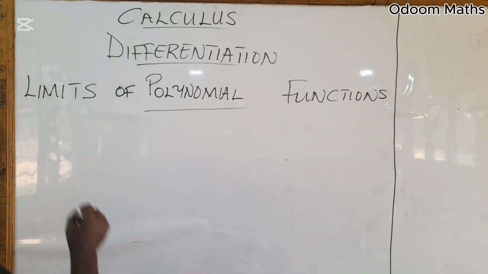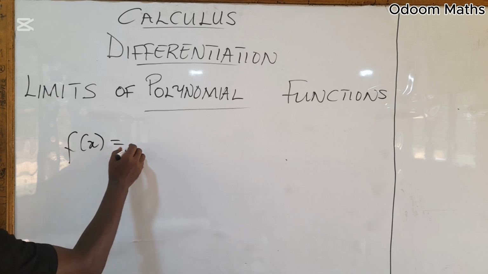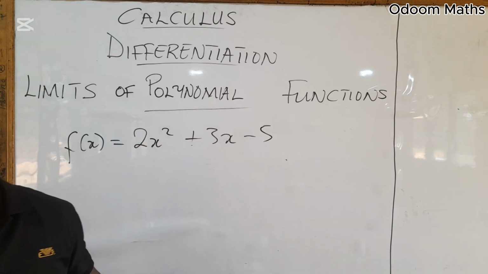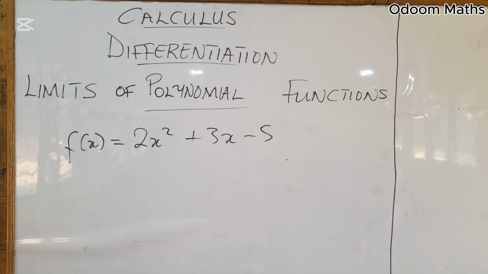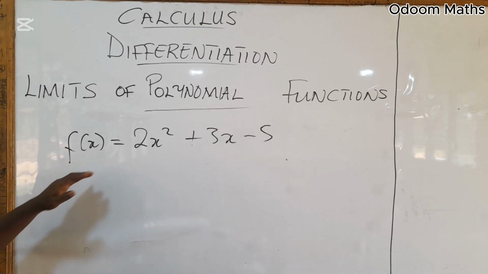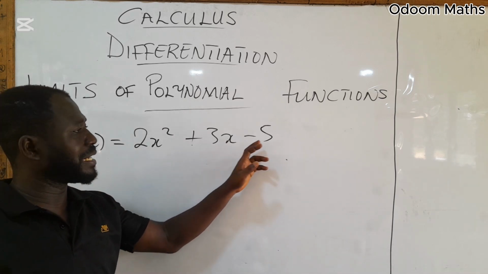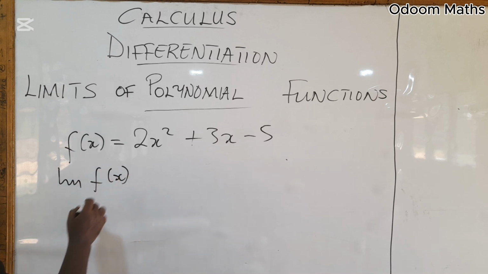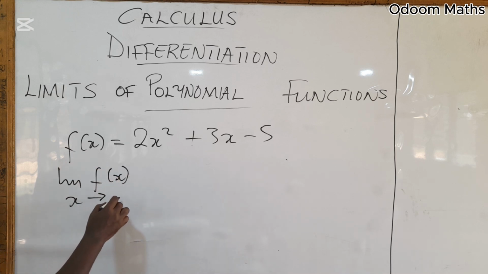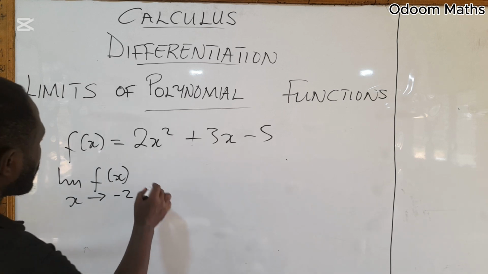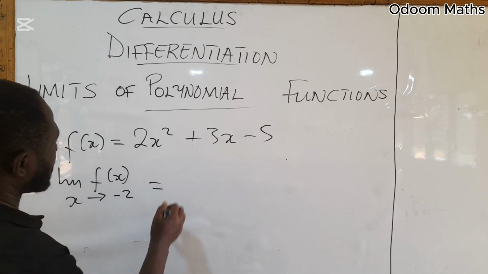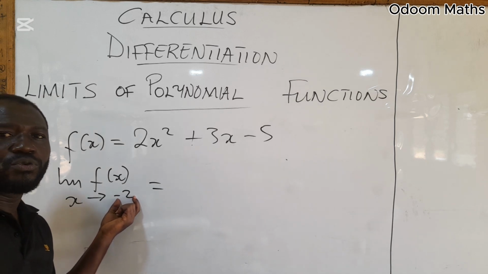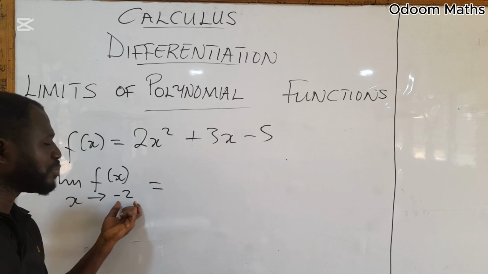So example, if f of x is equal to 2x squared plus 3x minus 5, let's find the limit as x approaches -2. Then the limit of f of x as x approaches -2 will be equal to, we are going to substitute -2 for x, or when we see x we put -2 there.